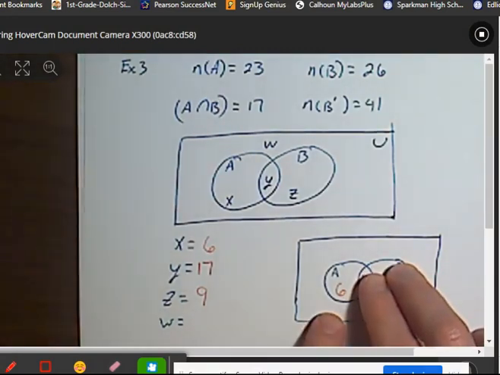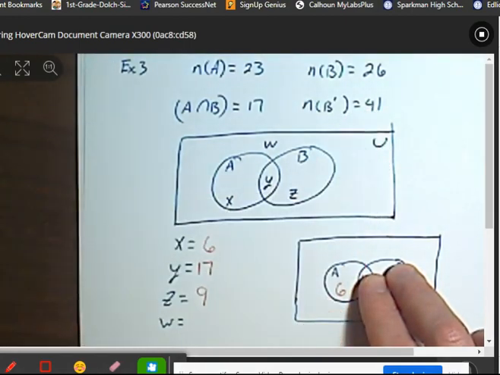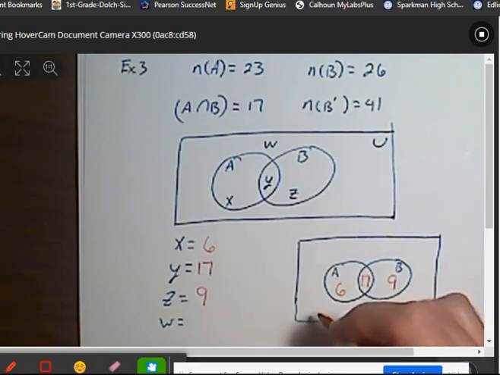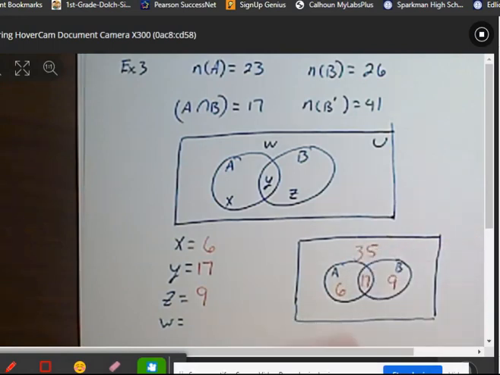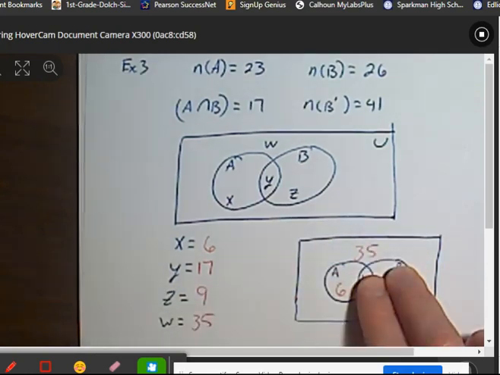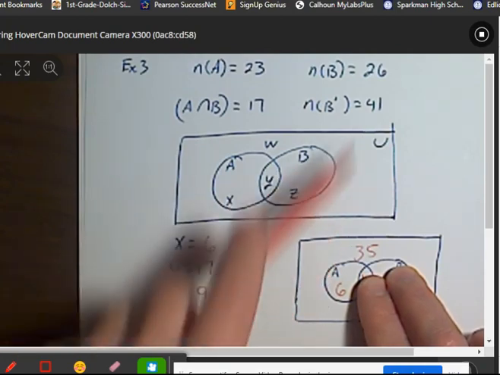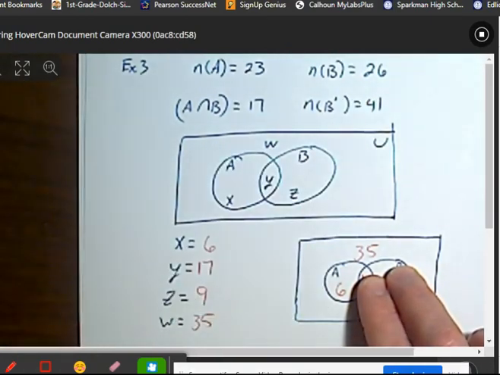We've got 6 in here that's A that's not part of B. So then you can do 41 minus 6 to figure out then that there would be 35 on the outside. And again, we got that from being that if there's 26 in here, which means there's 41 that's not in the circle of B. Well, if there's 6 that's here, then the other 35 have to be on the outside that's there.